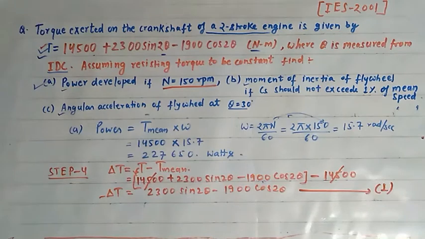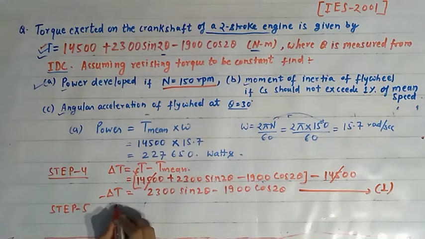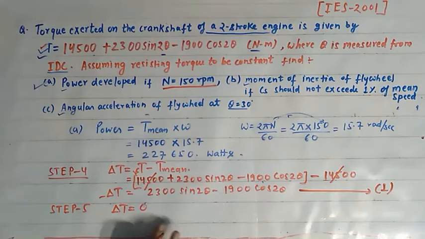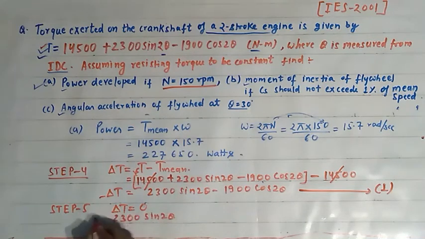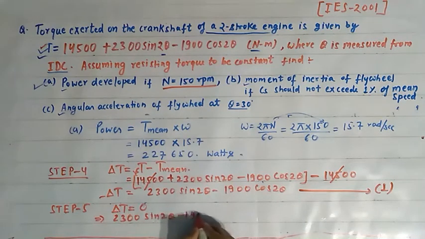Now friend, we have to put delta T equal to 0 in step number 5. When I put delta T equal to 0, see what I am getting: 2300 sine 2 theta minus 1900 cos 2 theta equals 0.